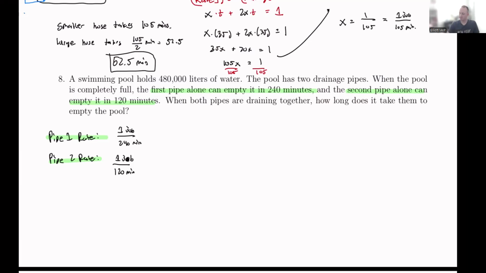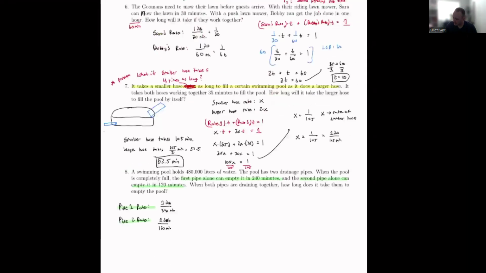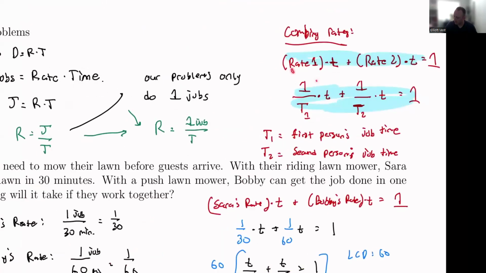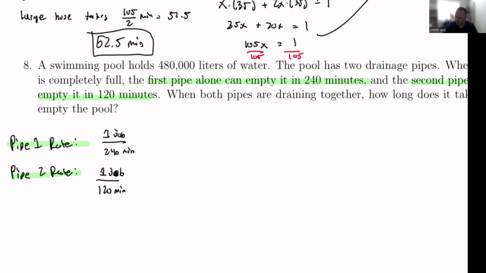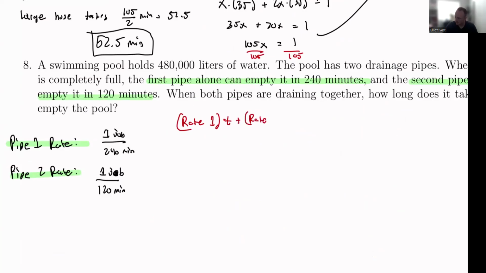Okay. Well, you can do, again, this formula here. You can view it as rate one or rate two. I'm kind of liking that one a little better now that I'm looking at it. So let's go to rate one times time plus rate two times time is equal to one job done.